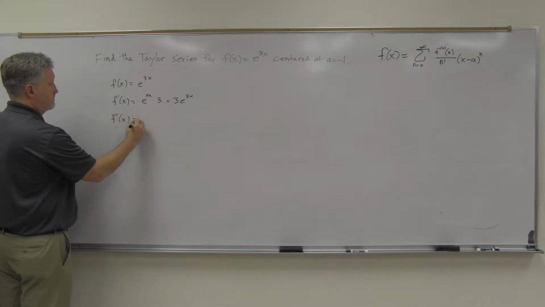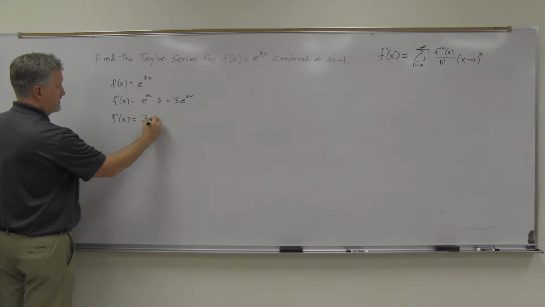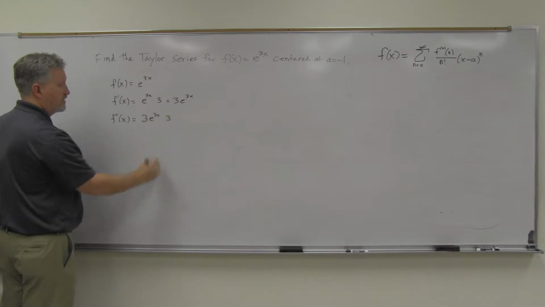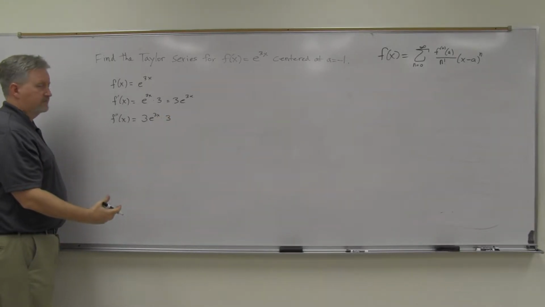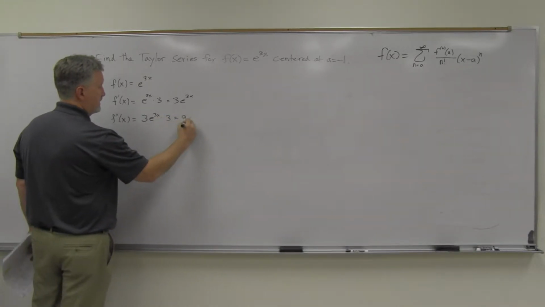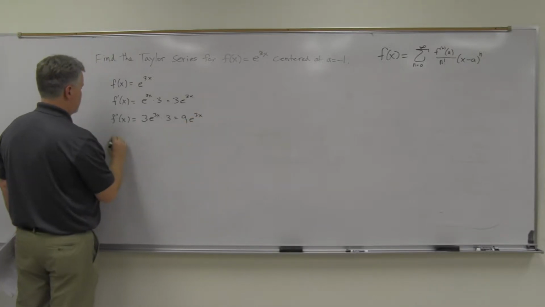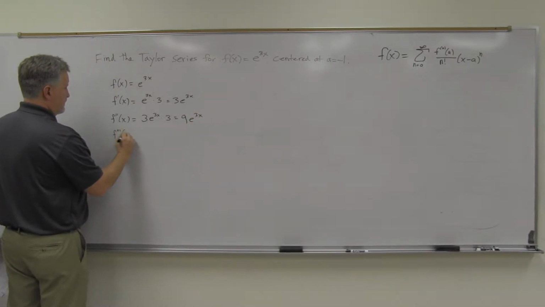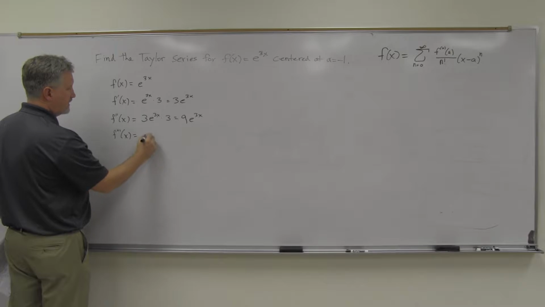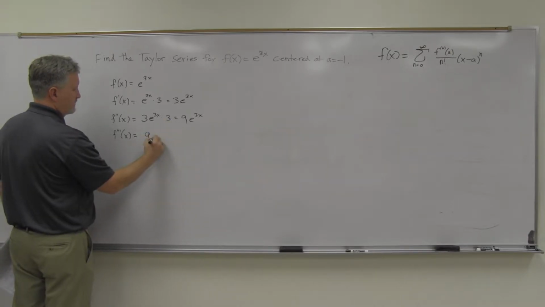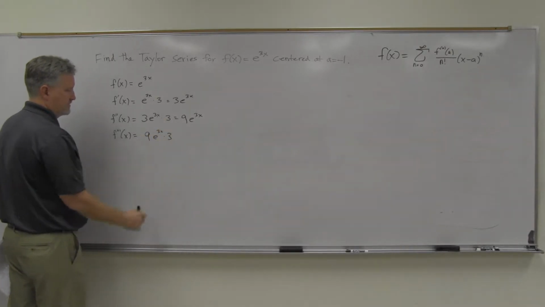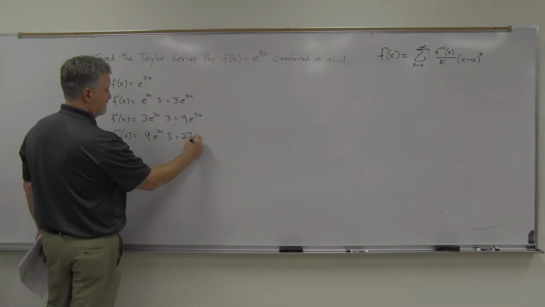The second derivative would be that 3 e to the 3x, but then you multiply by another 3 because of another chain rule, so that's 9 e to the 3x. And the third derivative would be 9 e to the 3x times another 3, which is 27 e to the 3x.